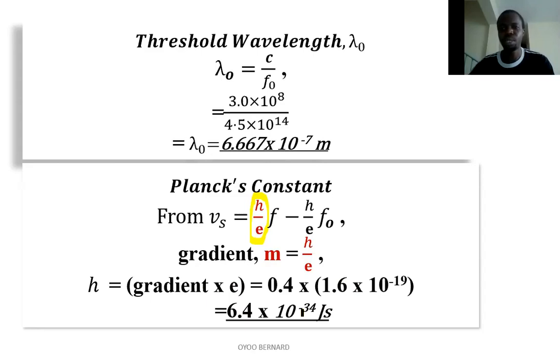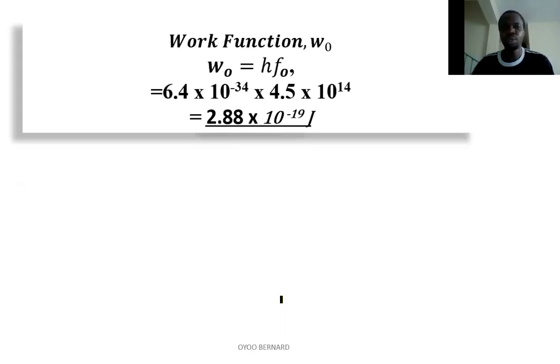There might be slight variation, but it should be around somewhere here. For the work function, now that you have h, you use your h. The value I obtained was 6.4 times 10 raised to negative 34 joule seconds, times the threshold frequency, and then that's what we get.